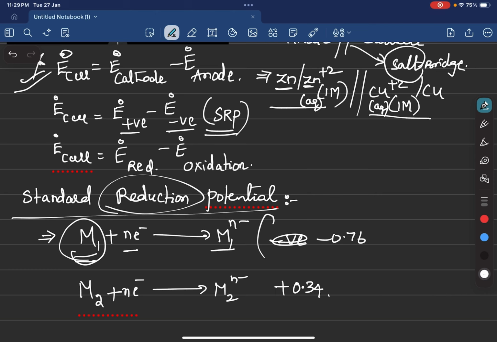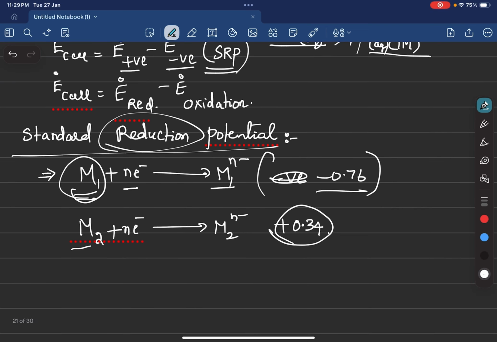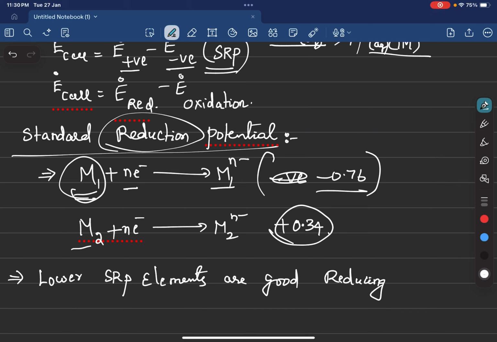The first element has minus 0.76, the second element has plus 0.34. Then how do we decide the nature of these? You can write it in a very simple manner. Lower SRP elements are good reducing agents. Lower the SRP, more the reducing power. That's the meaning of this.